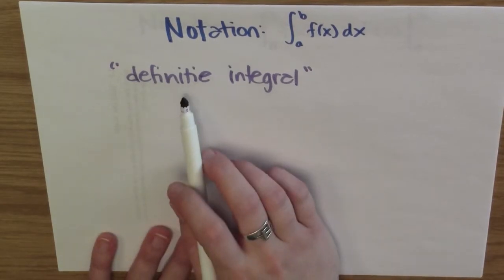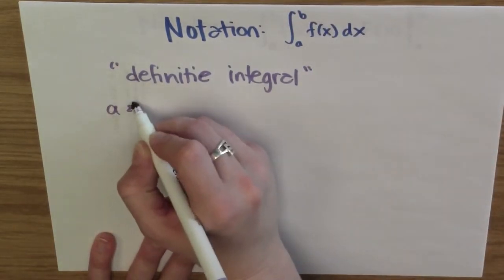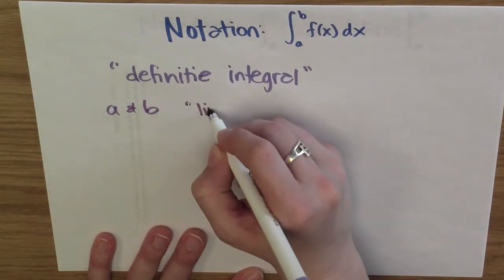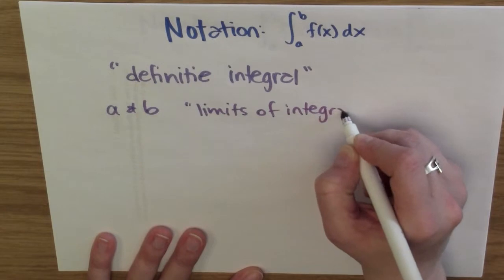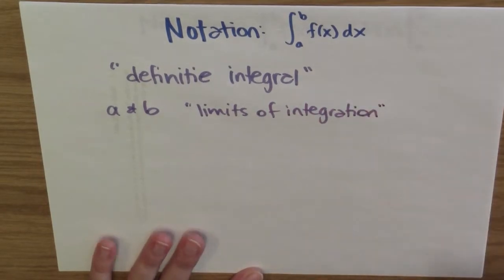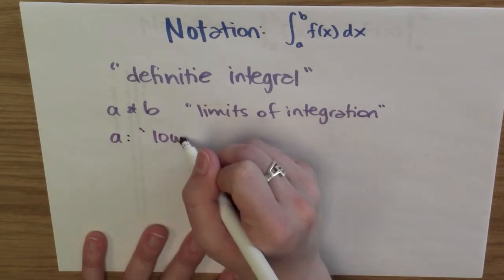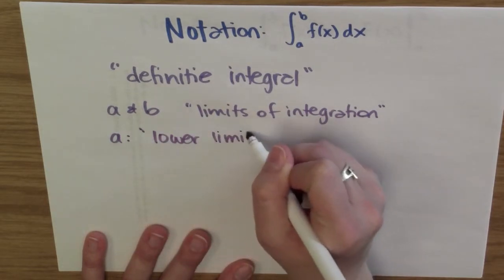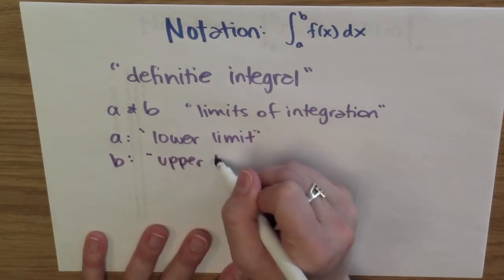And the reason that this one is definite is that I have these a and b. So a and b are called my limits of integration. The a is called the lower limit, and the b is called the upper limit.